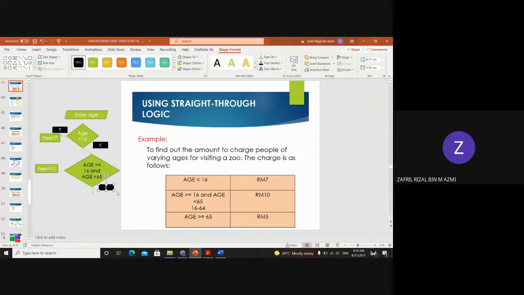So the number of decisions that you put in your design, either in the flowchart or algorithm, it should be minus 1. If there are 5 decisions, 5 minus 1, the last decision you make it an else. So the last false should be else.